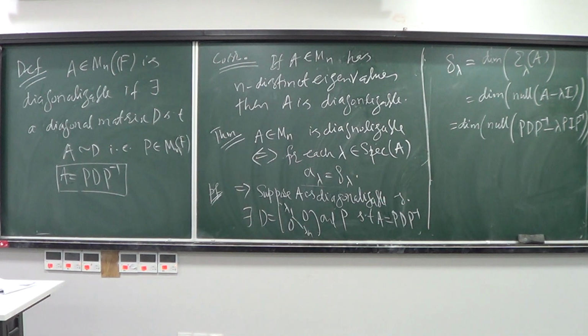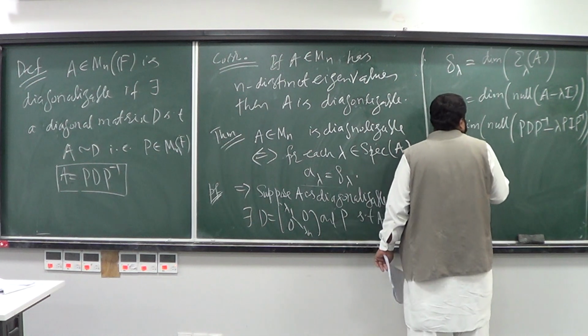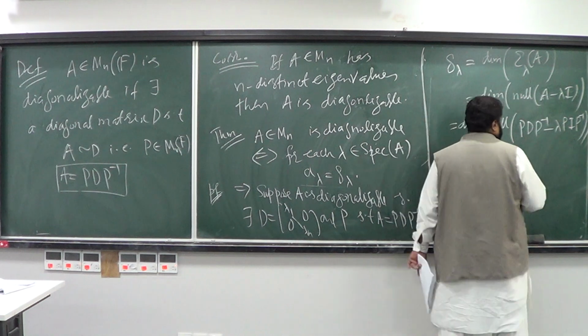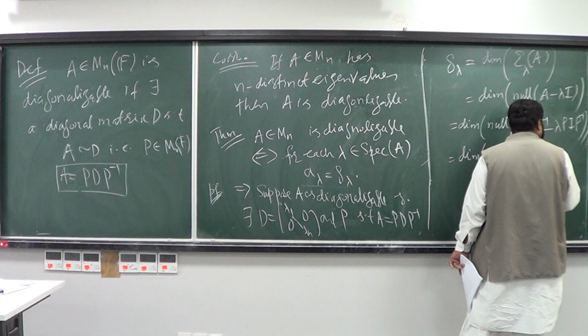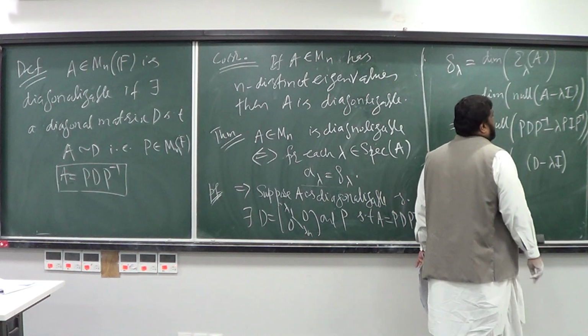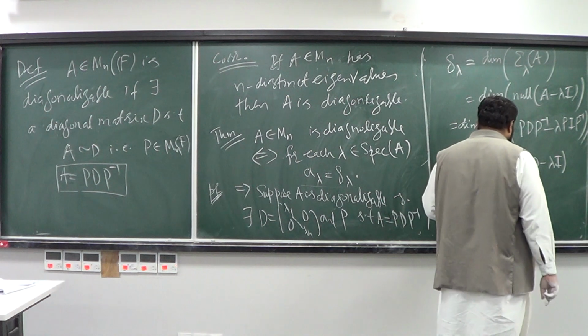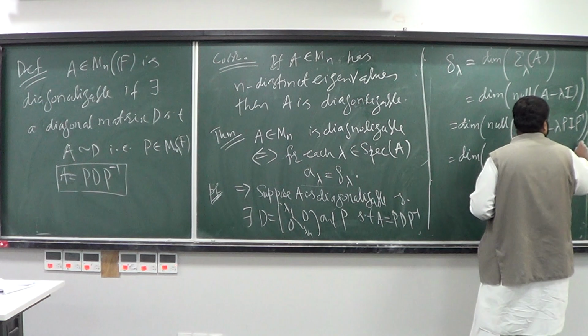Hence, this is equal to the dimension of the null space of D minus lambda I, times P and P inverse.